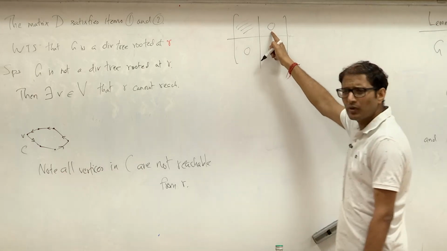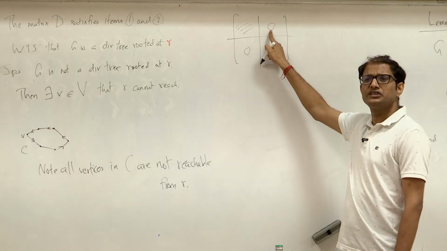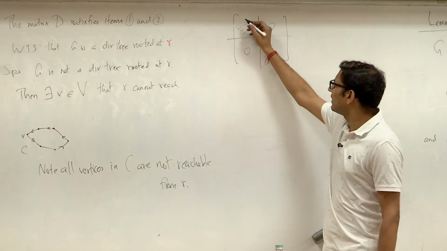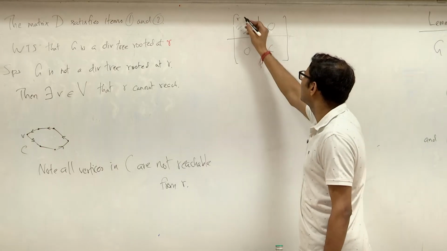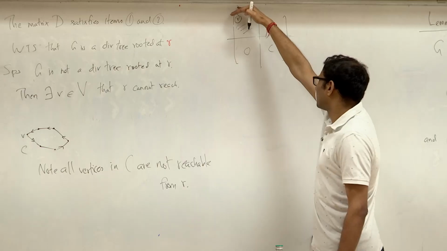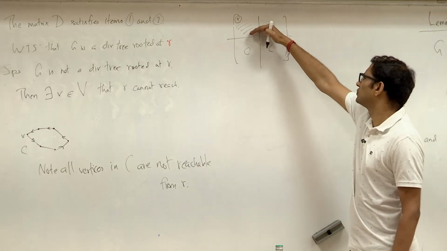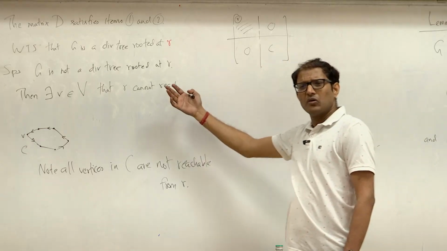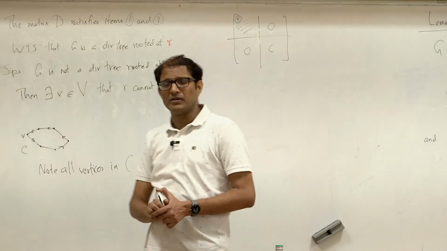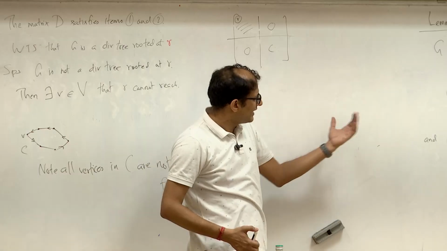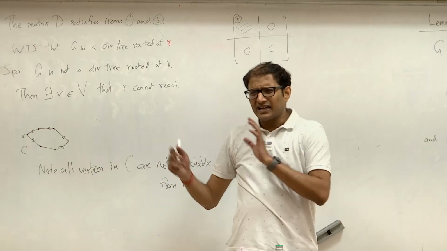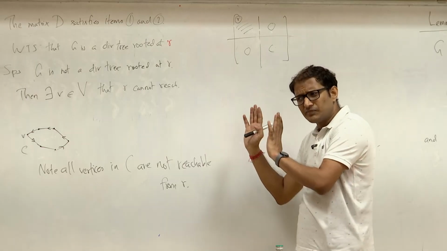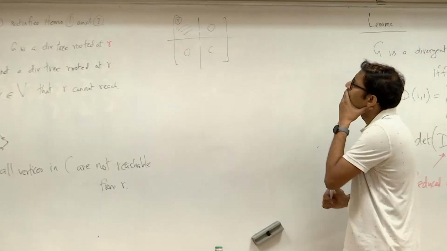I mean, you must have a block of zeros because I'm not supposed to reach any of those, right? So the root lives in this block, R lives somewhere over here, right? So R can reach a bunch of vertices. R does not reach the vertices in capital C. So whatever your in degree matrix is, after some permutations it can be brought into this form.